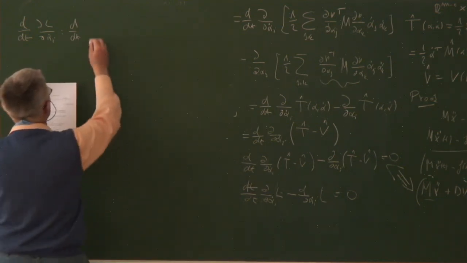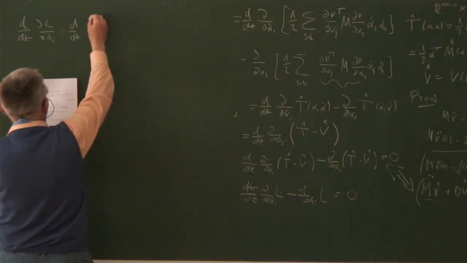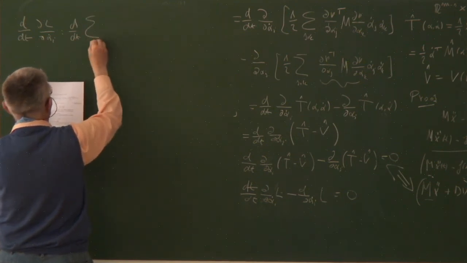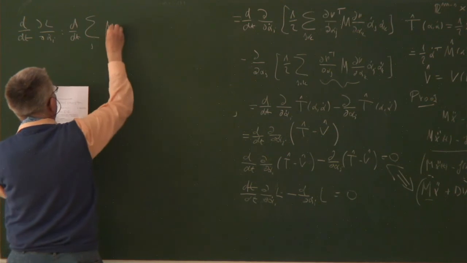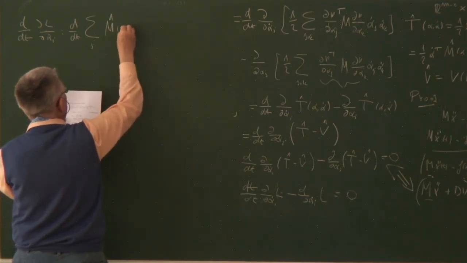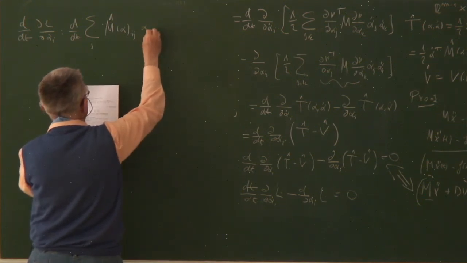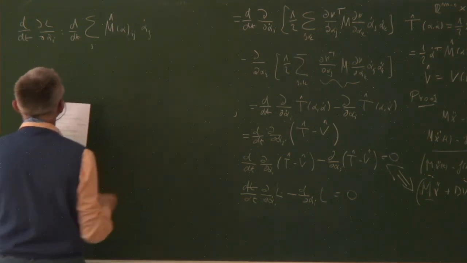So this is now a sum over j, n hat, alpha ij times alpha j hat.